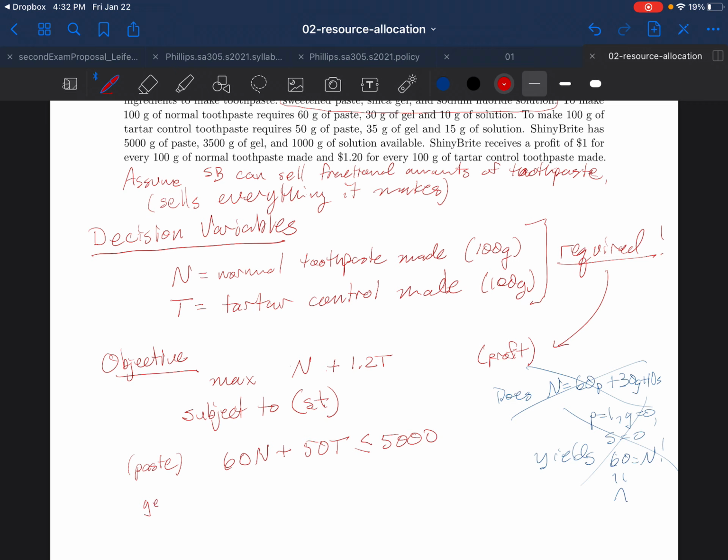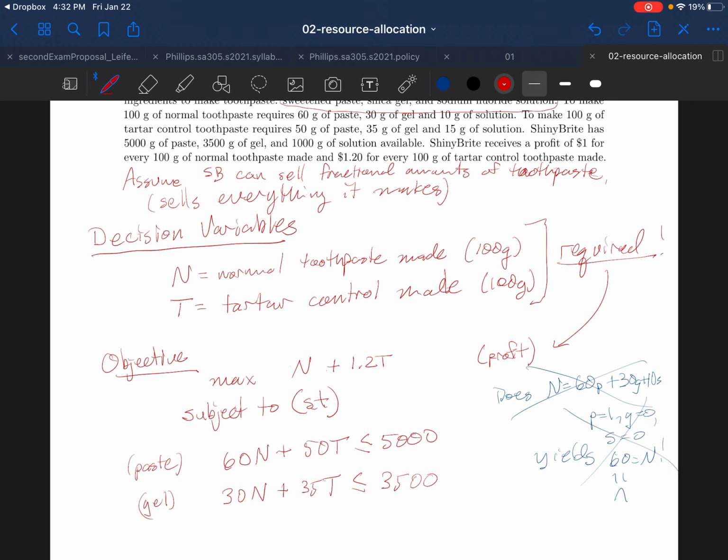We're going to have a similar constraint for gel. This is going to be 30 grams for every 100 grams of normal, plus 35 grams for every 100 grams of tartar. And that has to be less than or equal to 3,500. Note, I'm using less than or equal to and not strictly less than.